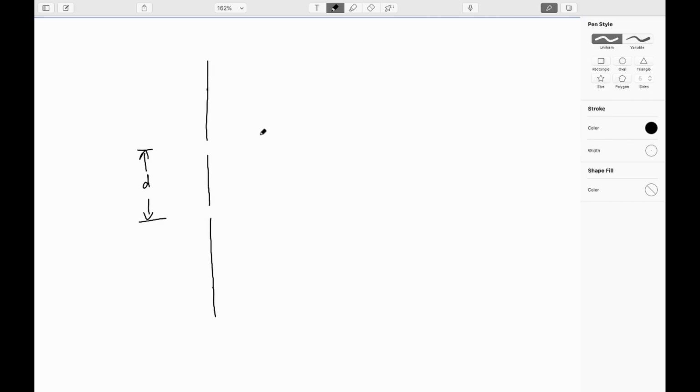And the idea goes like this. If we take a look at a ray headed out to the mth interference maximum, here are our two rays that are heading out to the screen eventually.